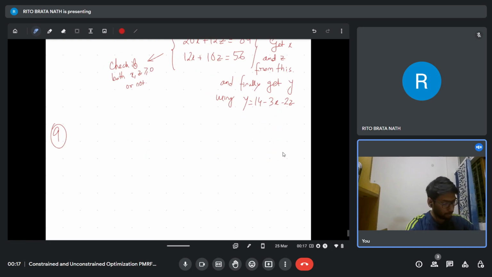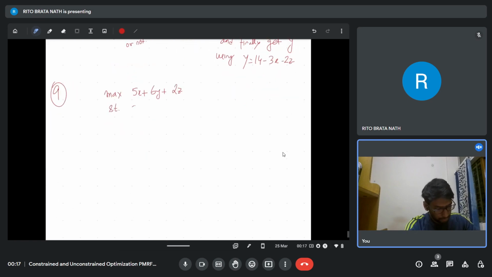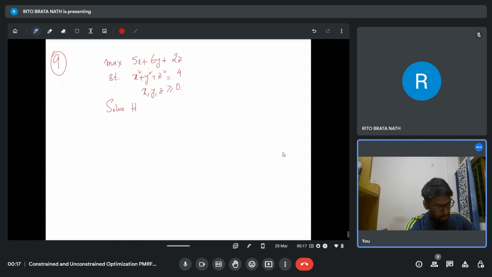So this problem could be max of 5x plus 6y plus 2z subjected to some sphere x squared plus y squared plus z squared equals 4, with x, y, z greater than or equal to 0, and I'll maybe ask you to solve the above optimization problem by Lagrange's multiplier method.